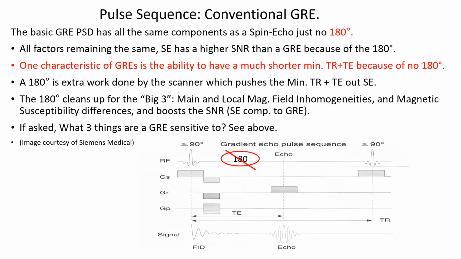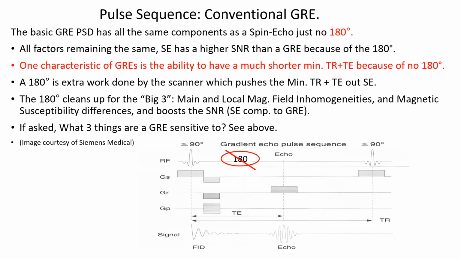Because there's no 180, a gradient echo is susceptible to what I call the big 3. Main magnetic field inhomogeneities, local field inhomogeneities, and magnetic susceptibility differences. Those 3 things help drop or lower the signal to noise, whereas a spin echo with the 180 corrects for those.